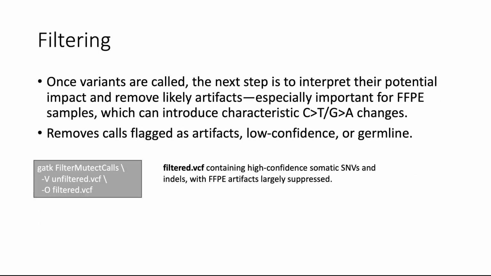Once variants are called, the next step is to interpret their potential impact and remove likely artificial ones. For example, we can use a tool from the GATK library which will remove variants which were called as artifacts or low confidence variants or germline variants.